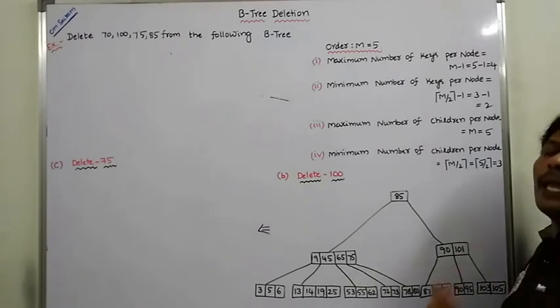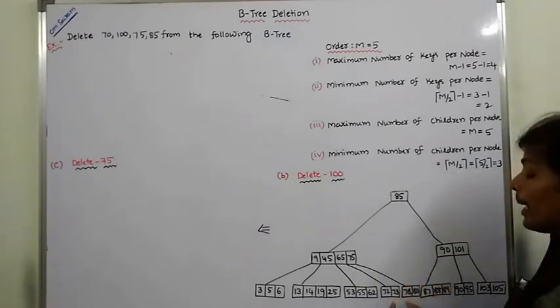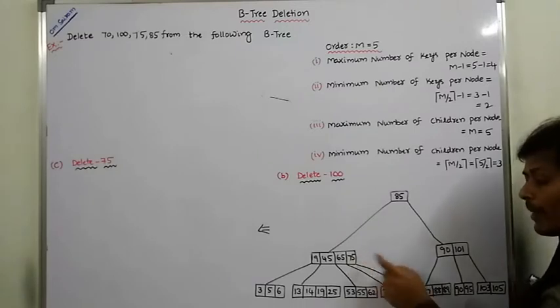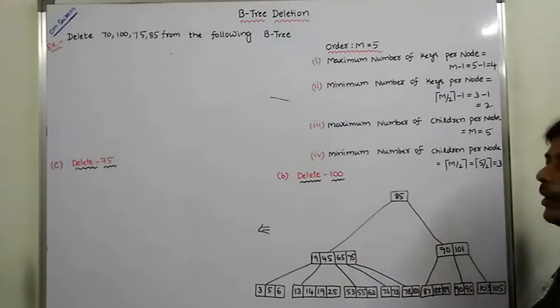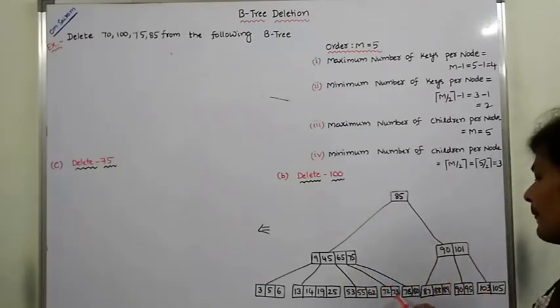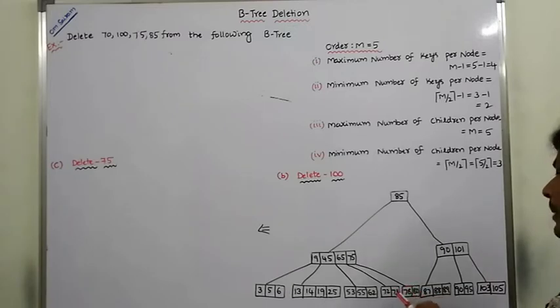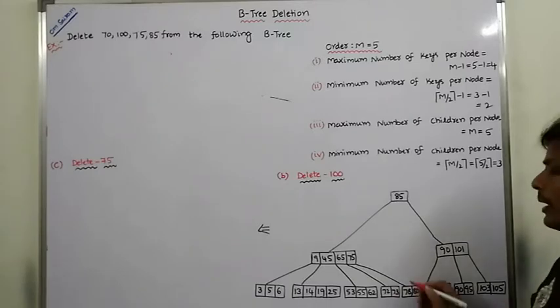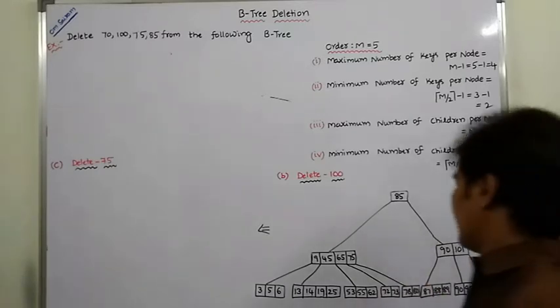At that time we have to perform the merge operation with respect to the parent. This is the left subtree, this is the right subtree, and the parent is this 75. So we have to perform the merge operation between these 2 nodes, including the parent.